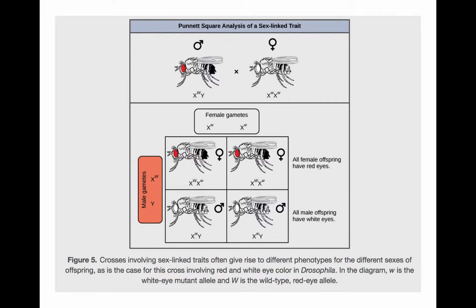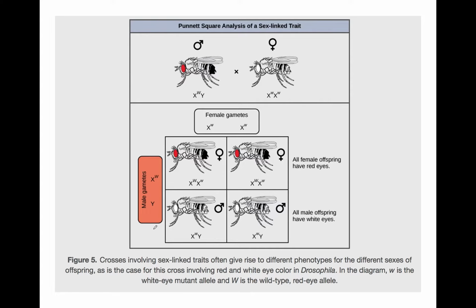And then the female was a homozygous recessive. The alleles that are made by this male are lined up here, and the alleles that are made from the female are right up here. So both alleles are the same. Now, when you cross them, two X's will give you females. All the females from this cross always had red eyes, and all the males from this cross had white eyes.